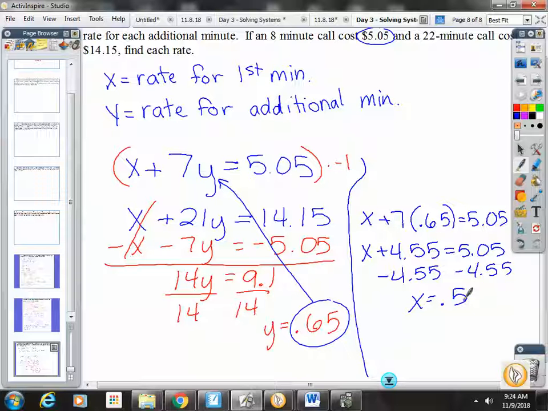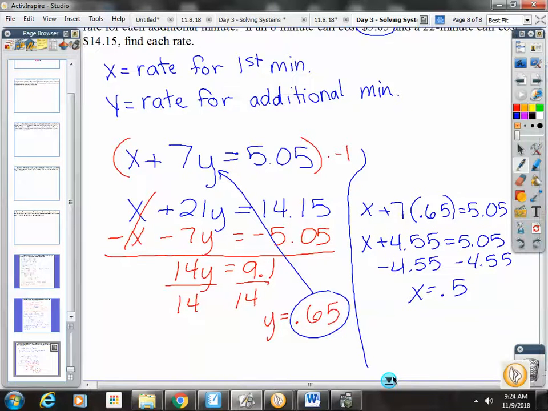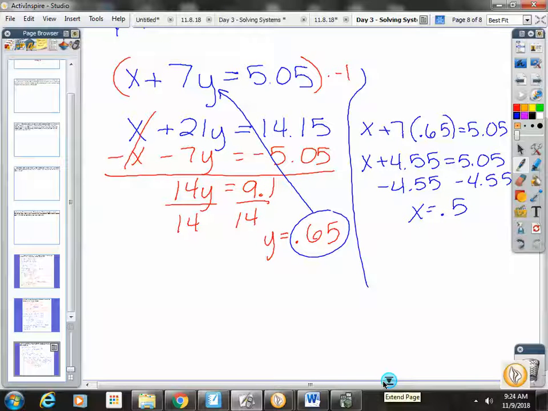Talking about money. X and Y are values, they're money. So I think decimals are okay here. 50 cents seems reasonable, 65 cents seems reasonable. Let's answer this with a sentence. It says to find each rate.